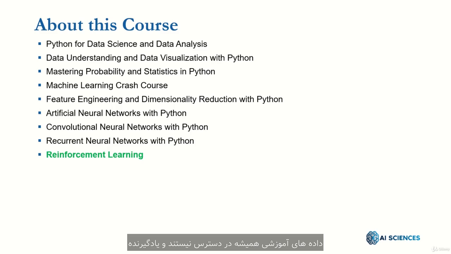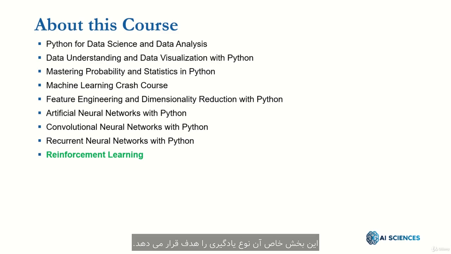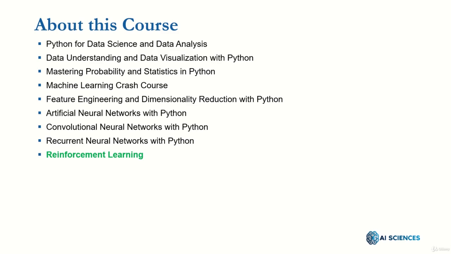The training data is not always available, and the learner may have to learn through experience. This, in fact, is true in most of the cases, particularly when the learner is acting in an uncertain and non-stationary environment. Reinforcement learning, this particular section, targets that kind of learning. The learner needs to act in real time and hence has to decide its action in real time in response to the environment.